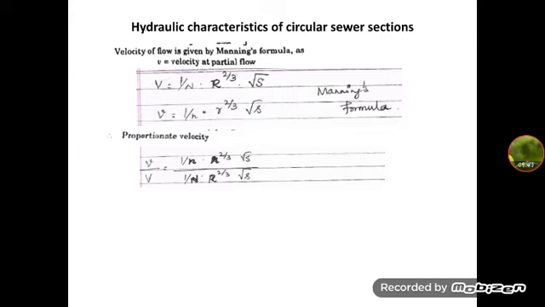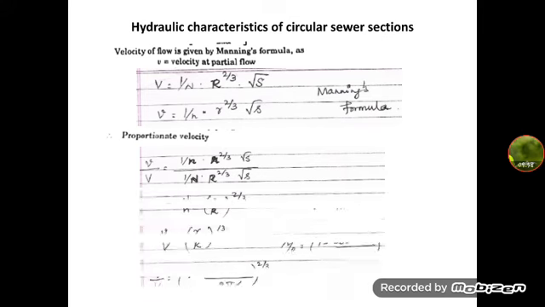Here, whether it is running full or running partially full, the S value may not vary, that is, the bed slope will not vary. So it is getting cancelled, that is, both the values are equal.